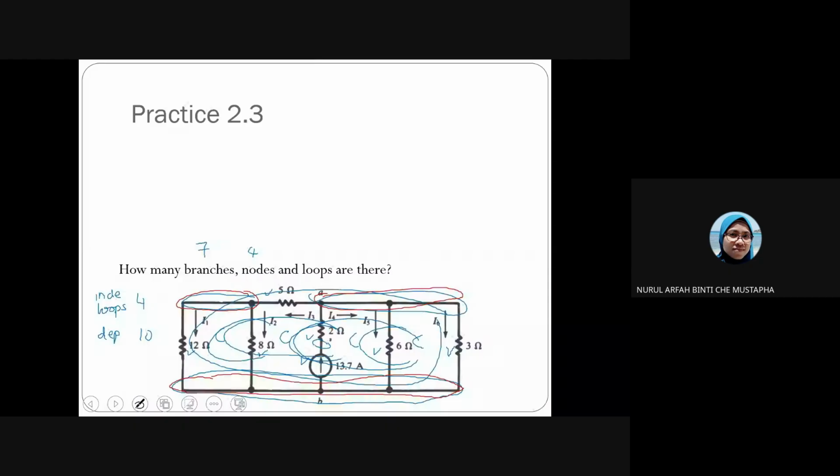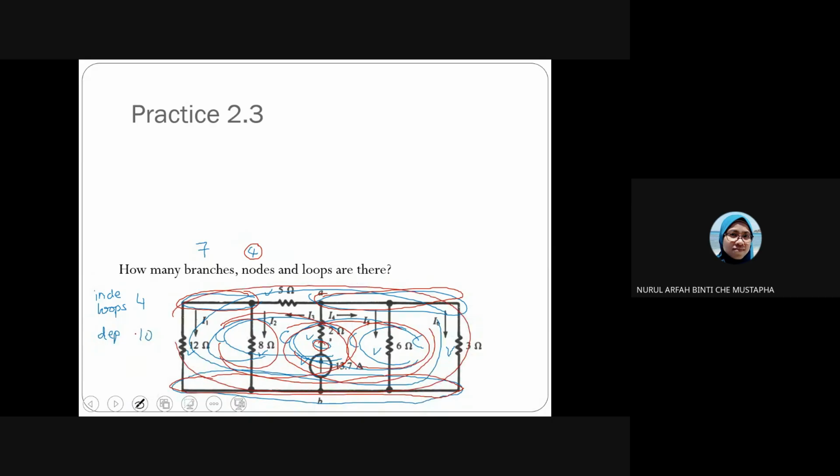We have 4. Okay. Nodes are there. Nodes 4 is 4. 3, 4. What about the node? The 1 here, 2 here, 3, okay, 3 and 4 here, 5 here, and 6.